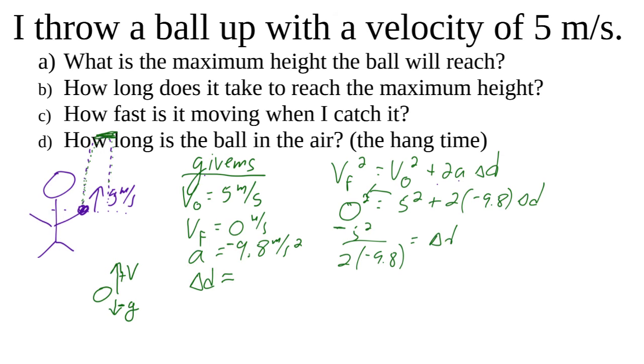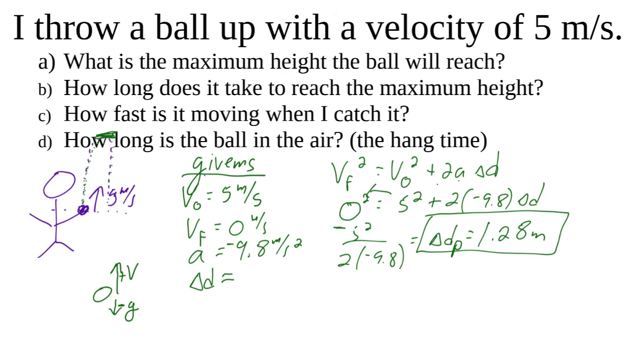Okay, and you go ahead and solve that. Do it on my calculator real quick. And I get 1.28 meters. So this would be the maximum height, or I'll usually call this the displacement or the height at the peak. So how high it reaches to go to the peak. Okay, so that's our letter A here.